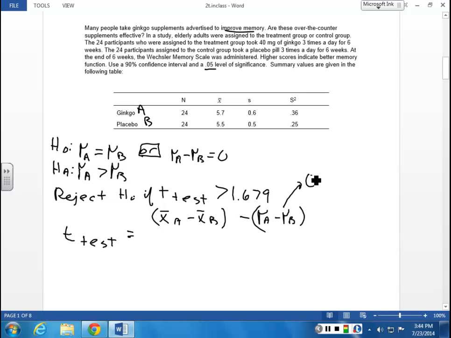We could say, do they differ by at least 10? But for this class, and for most applications, we'll just use 0 there, divided by the standard error. That same thing we had a minute ago, s squared A over nA minus 1 plus s squared B over nB minus 1.